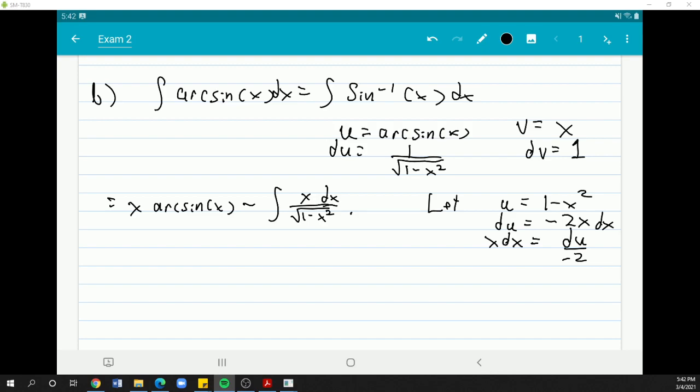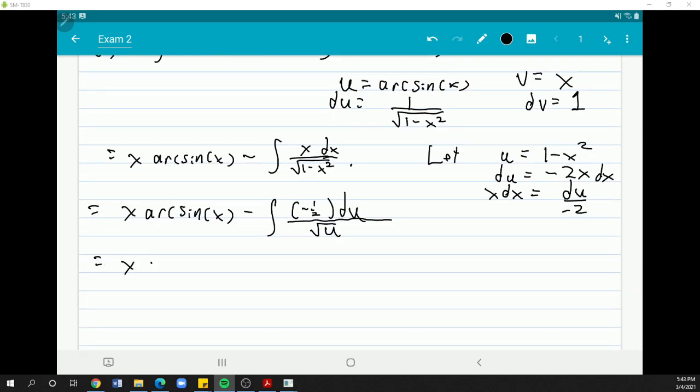And now I'm going to rewrite this. This becomes x arc sine of x minus integral. I have x dx, but now this has to be a minus 1/2 du, divided by the square root of u, since 1 minus x squared was u.